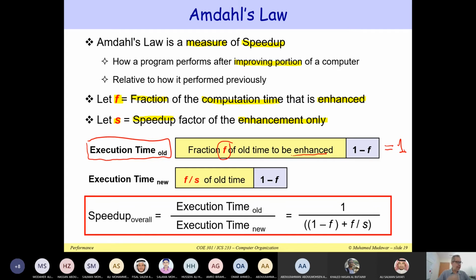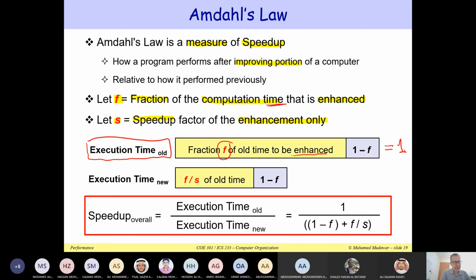For example, suppose that the program is doing a lot of multiplications. It spends most of its time doing multiplication. We noticed that we are doing a lot of multiplication in a given program, and we looked at the fraction of the execution time. So f is a fraction of the time.